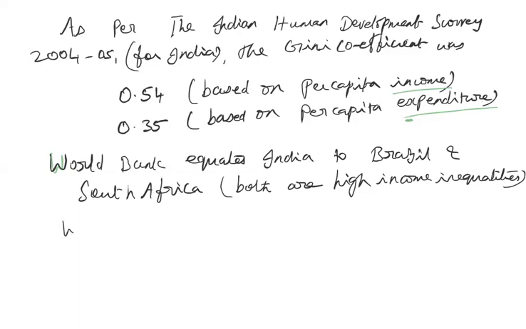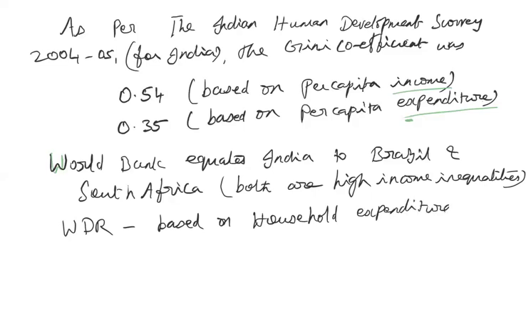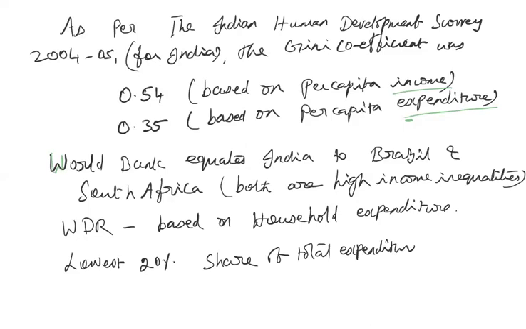As I mentioned before, the World Bank periodically releases the World Development Report, which is based on household expenditure. So this is what they have found out. They have mentioned that in India, the lowest 20%, the poorest, the bottom 20%, their share of total expenditure is 21%.